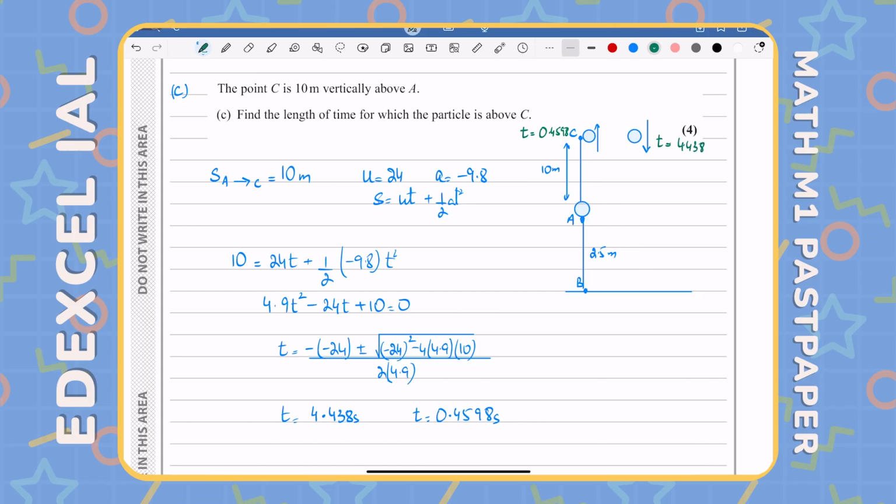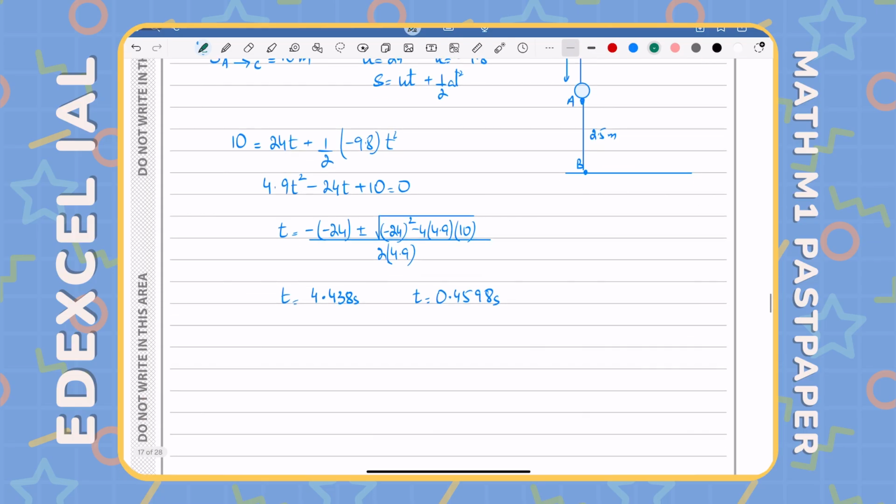on the way down. So that means if I want to find out the total time for which the ball was above point C, what I need to do is subtract the 2. I'm going to call this T2, and this T1. So T2 minus T1, let's see what we get. 4.438 minus 0.4598 is equal to 3.9782.